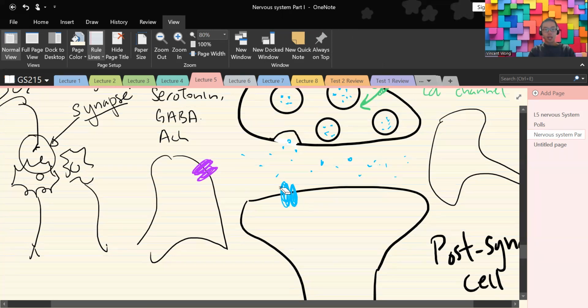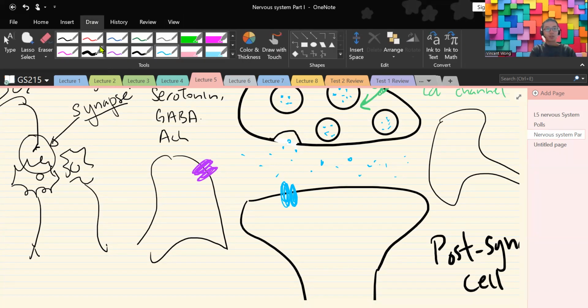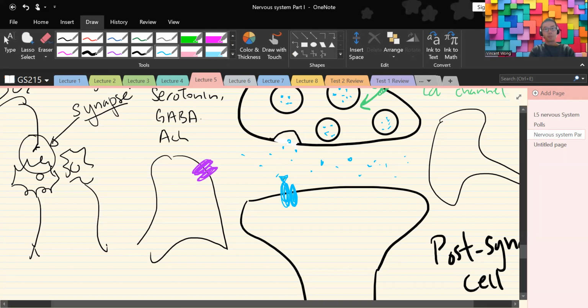Well, these channels are also sodium channels, but they are controlled by chemicals. We call them chemically gated channels as opposed to voltage gated channels. In order for this to open, you would have to have the dopamine bind to it. Once the dopamine binds to it, the channel will open.